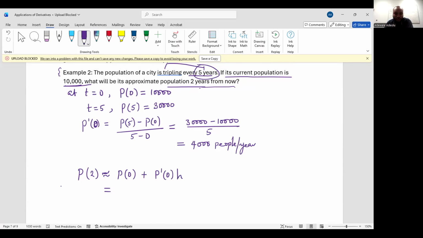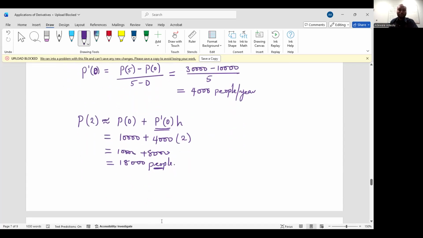So this is P of 0, which is 10,000, plus the derivative, that is 4,000 times 2, because it's moving from 0 to 2. So that is 10,000 plus 8,000, and that is 18,000 people. That is what we have.